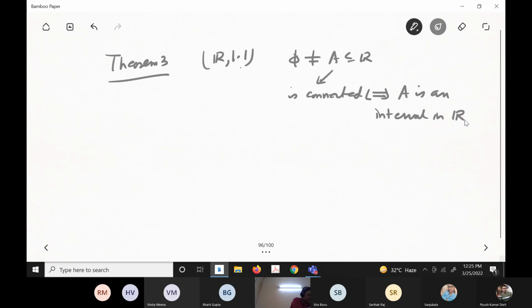Now you see, if I ask you whether there can be any homeomorphism, of course with respect to the usual distance, then look: if I give you this, it says there won't be a homeomorphism because this is compact and this is not compact. Compactness is a topological property. But here none of them is compact, so you can't use that. But I can use connectedness. By using connectedness, I can show this is not connected.